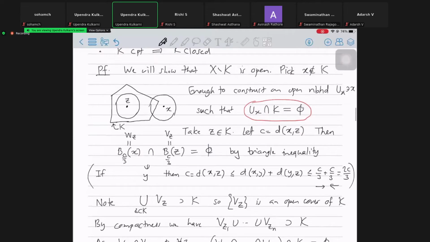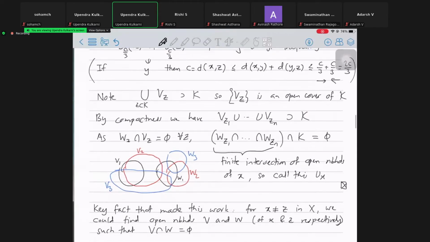That's where we use the metric space and triangle inequality. But after using that, the rest of the argument relied only on topology.